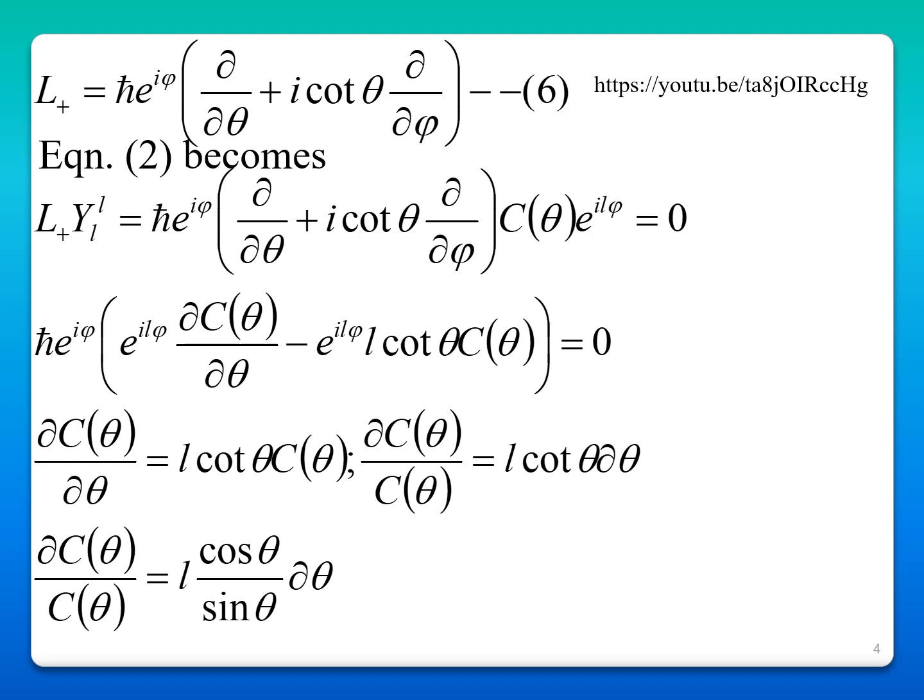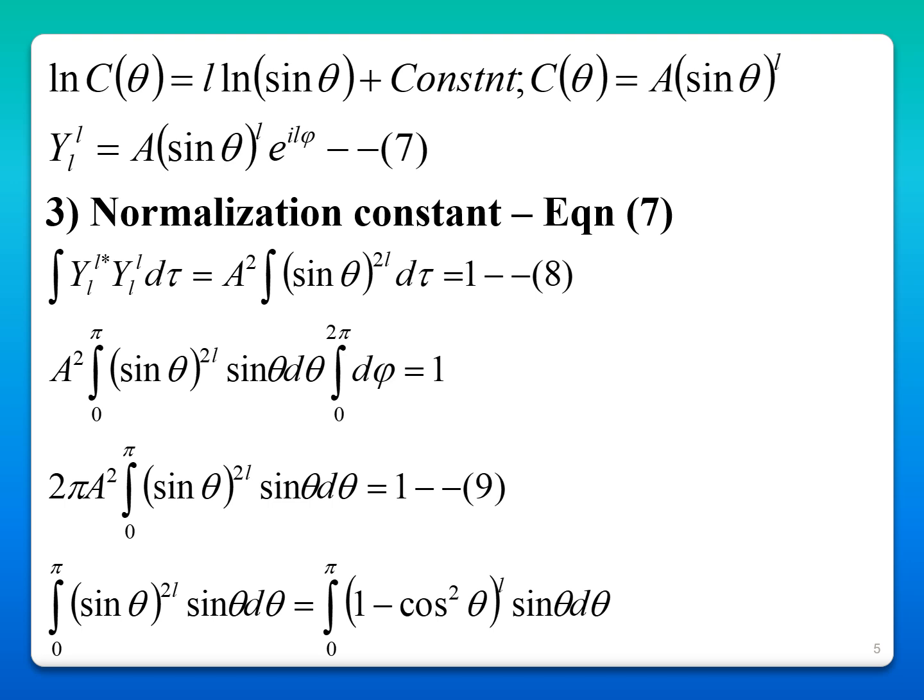So if you simplify and separate the C terms and the other terms, then you get del C of theta divided by C of theta is equal to l cot theta, which we can write as cos theta by sin theta, d theta. So if you integrate, it is ln of C of theta is equal to l ln of sin theta plus a constant.